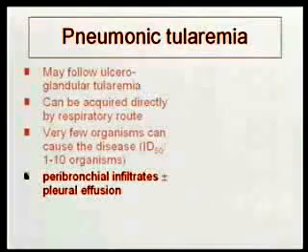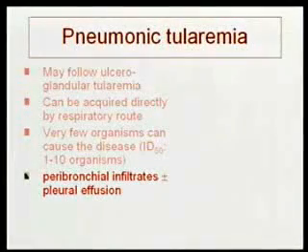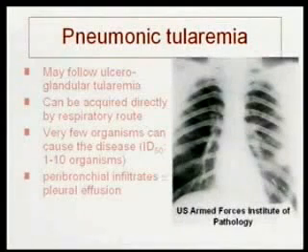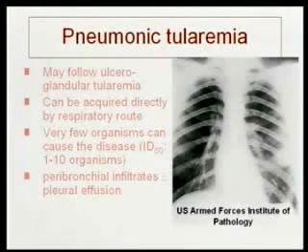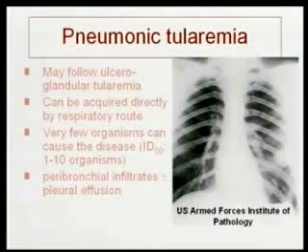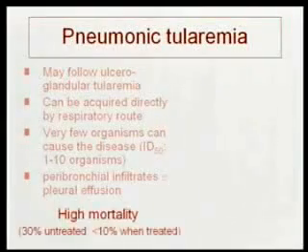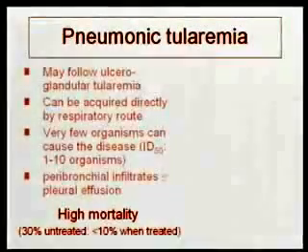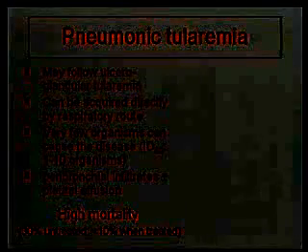Okay, peribronchial infiltrates, pleural effusion. That's not unexpected. Here is the X-ray, nothing atypical or different from some other infections. It has a very high mortality, about 30% untreated, and even when treated, it could be as much as 5 to 10%.